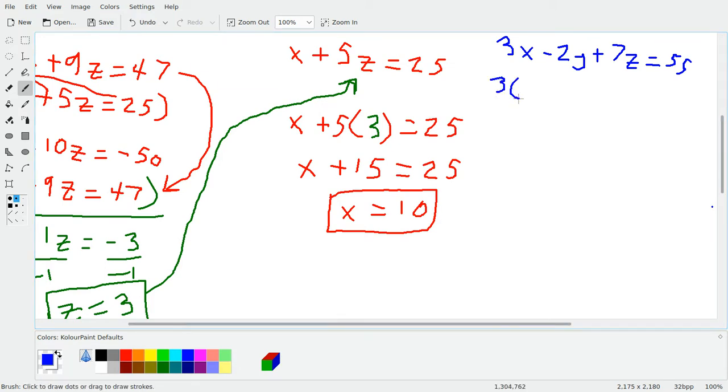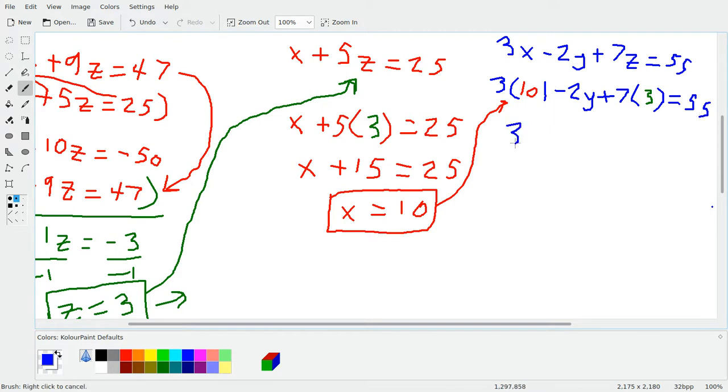So 3 times, you just found your x to be 10, minus 2y plus 7 times, we found your z way over the other side of the paper was 3, equals 55, which means we have 30 minus 2y plus 21 equals 55.